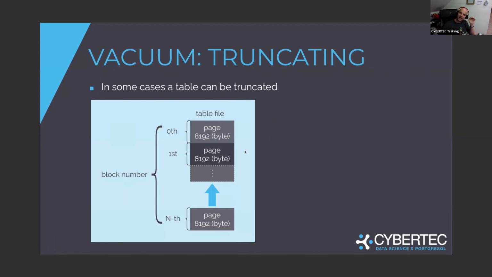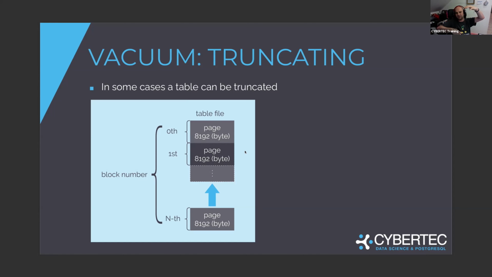There's actually a case where vacuum can shrink a table. And if you look at this graph, if from a certain point in the table onwards, only dead rows exist. So let's suppose you got 10 gigabytes of data, and only the first half of the table really contains visible rows.